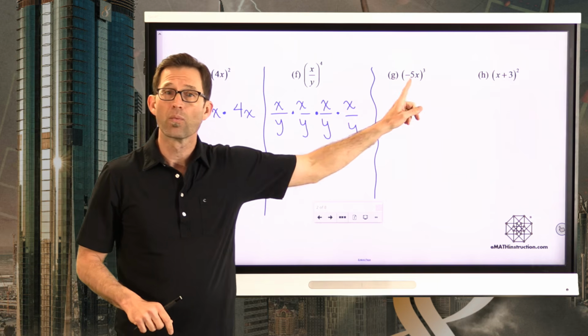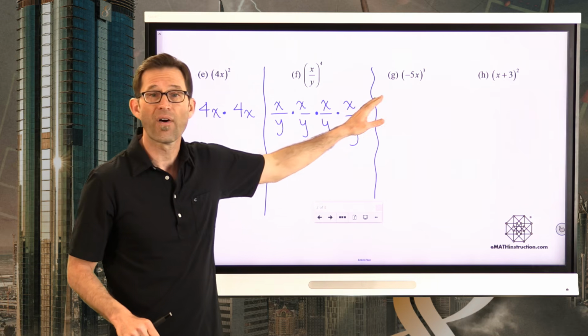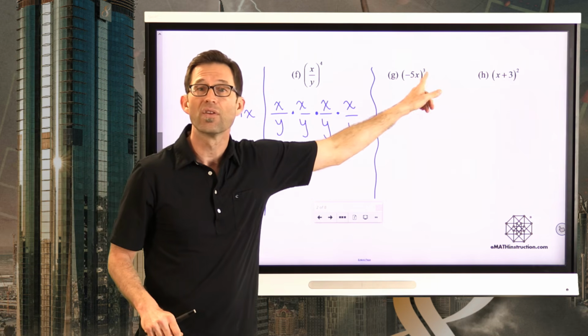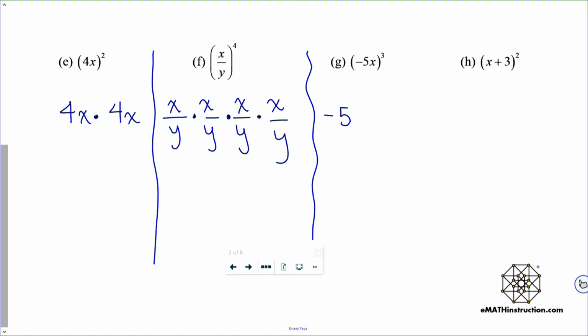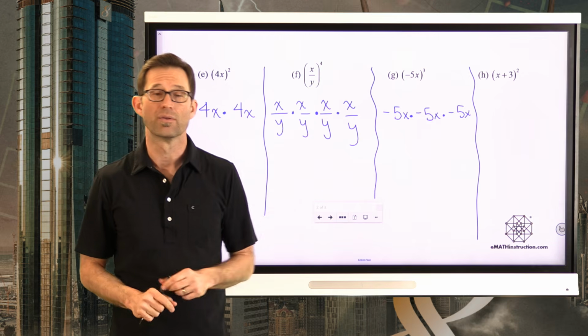Now this is a very important one because there's a negative in here. -5x quantity to the 3rd power, or cubed, again just means -5x times -5x times -5x. That's it. That's the whole deal with letter G.